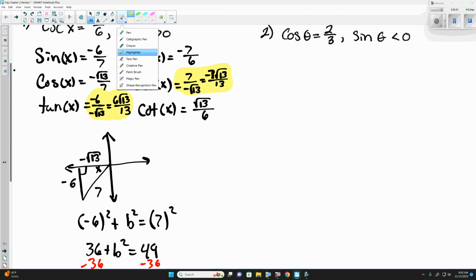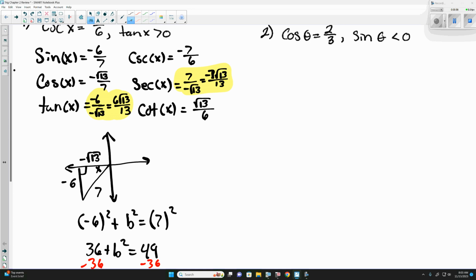In either one of these cases here, when we get the radical in the denominator, the bottom of the fraction, and you know it's going to be there, if you don't want to write it out originally, you just want to plug it into the calculator, let it rationalize it for you, that is perfectly fine. You don't have to write down negative 6 over negative square root of 13, then simplify it.